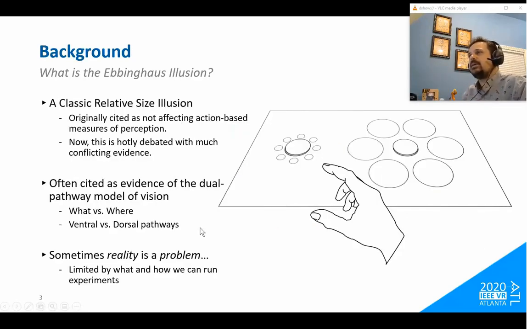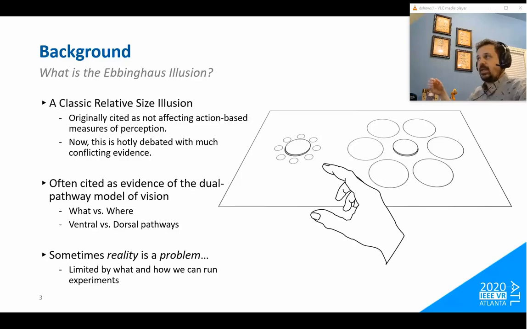There's been a lot of work examining the effects of Ebbinghaus on reported size of objects, but also on the effects it may have on action-based tasks. One of the action-based tasks that's typically been used for studying Ebbinghaus is grasp aperture.